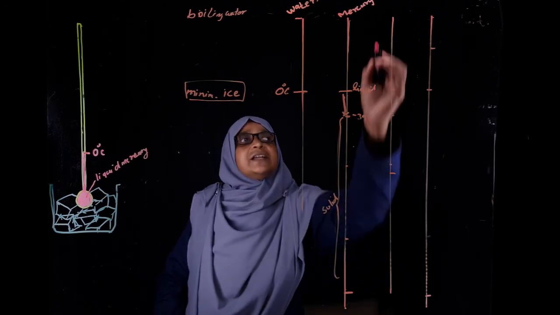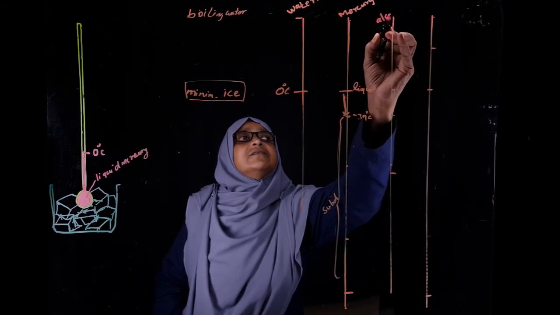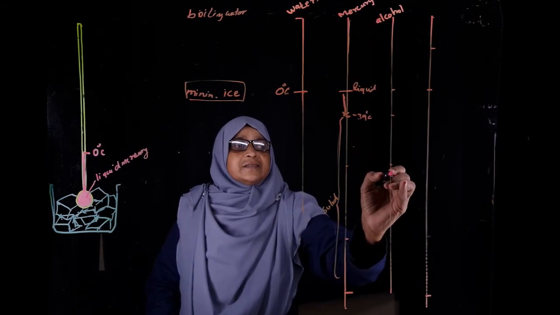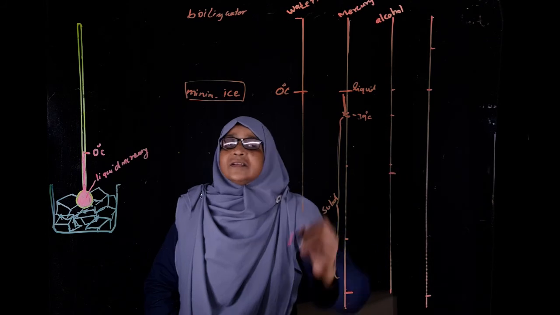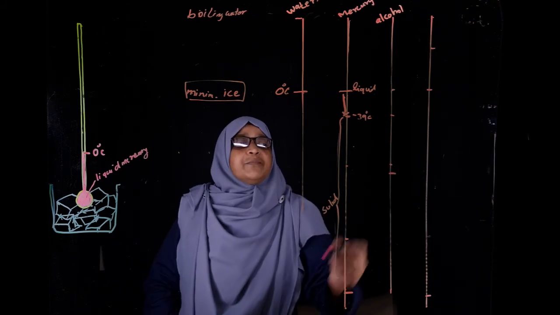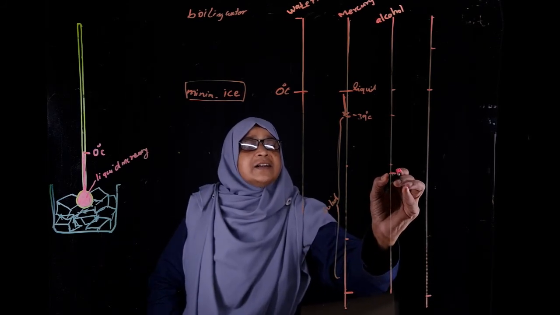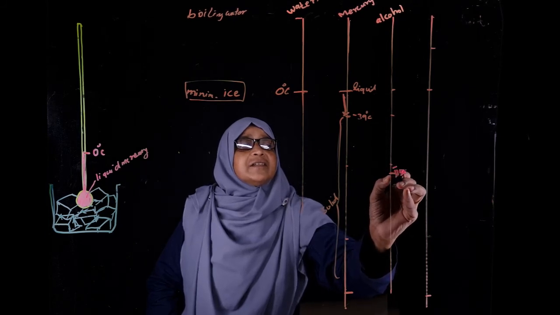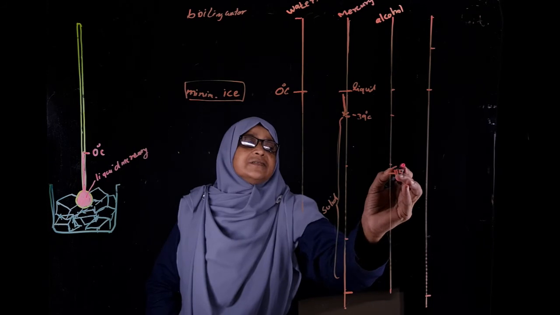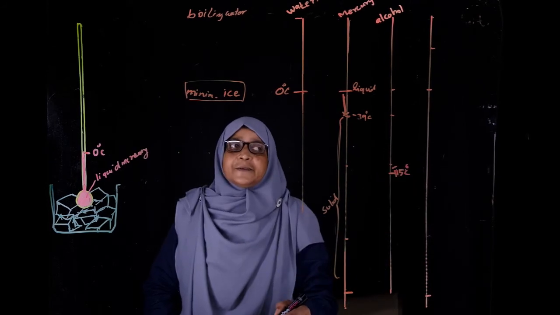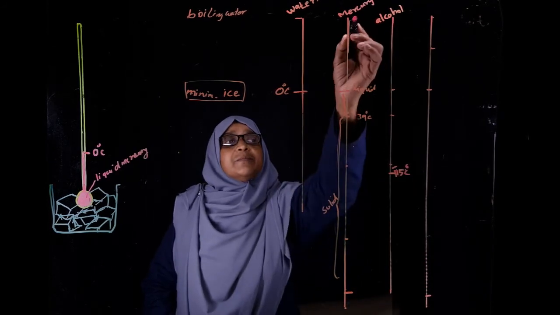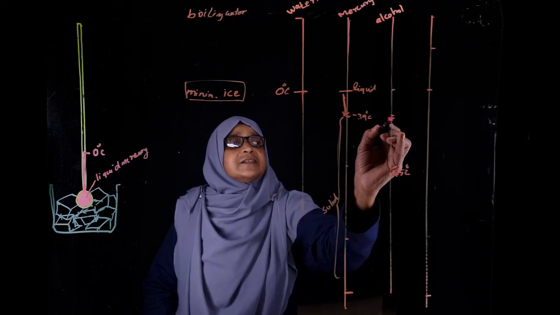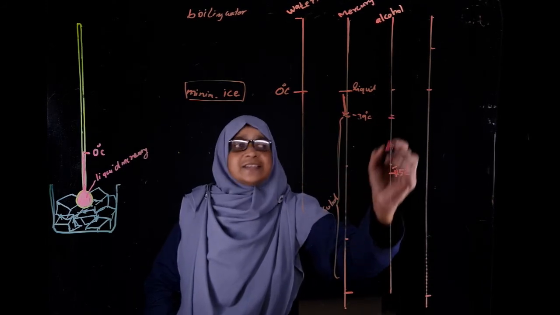If we consider alcohol, the melting point of alcohol is minus 115 degrees Celsius. So when the mercury freezes, the alcohol stays liquid.